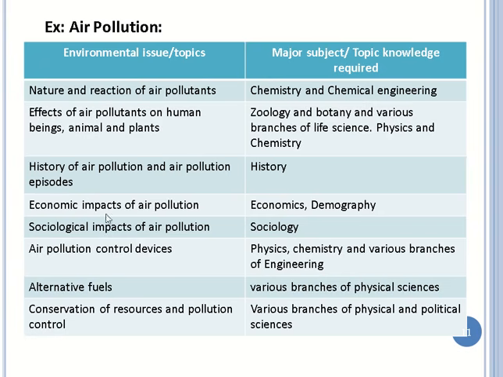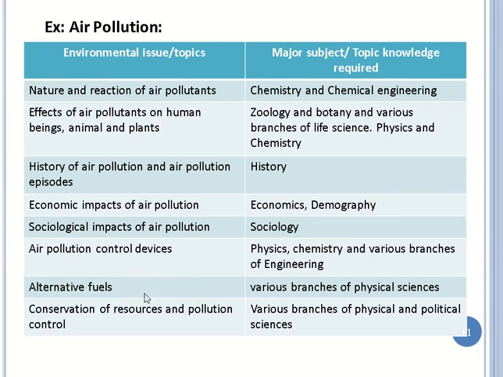When you want to study the history of air pollution, we require the knowledge of history. When we want to study the economic impacts of air pollution, we require the knowledge of economics and demography. Sociological impacts of air pollution can be studied with the help of sociology.